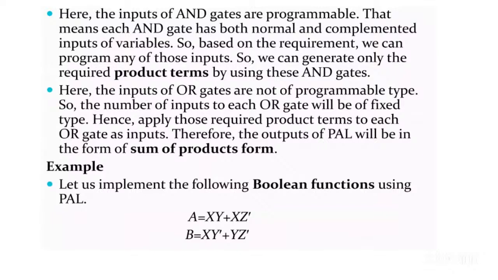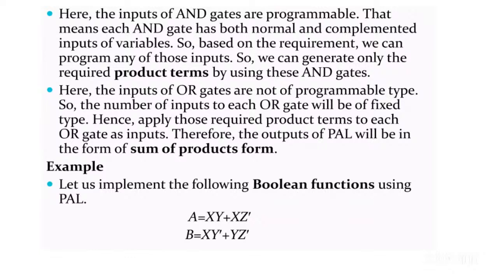Here the inputs of the AND gates are programmable. That means each AND gate has both normal and complemented inputs of the variables. So based on the requirements, we can program any of those inputs, and we can generate only the required product terms by using these AND gates.